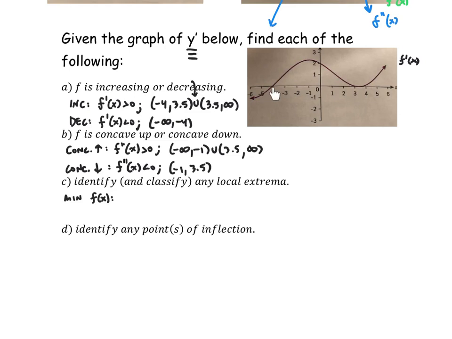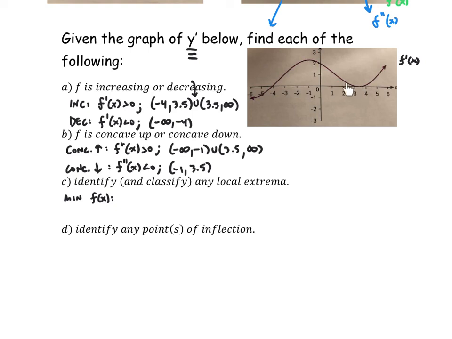So I see f prime changing here, but it's not from a positive to a negative, it's negative to a positive. So this value will be a max value or a local maximum. Okay, this is not, right here, at x equals -1, a local maximum for f. It is a local maximum for f prime, which we'll see ends up being a point of inflection, okay?